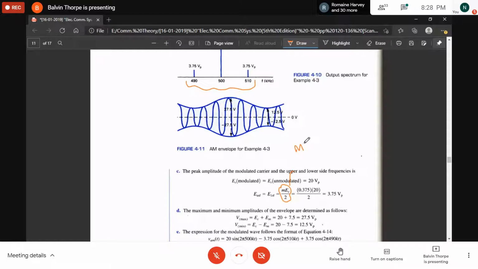It's MEC over 2. But because we're trying to find the average power, we're going to have to multiply by 0.707, or 1 over root 2. That's right, it's easier.